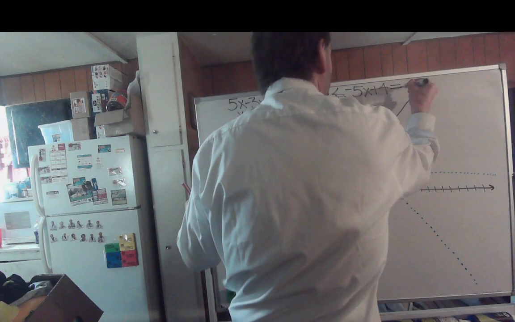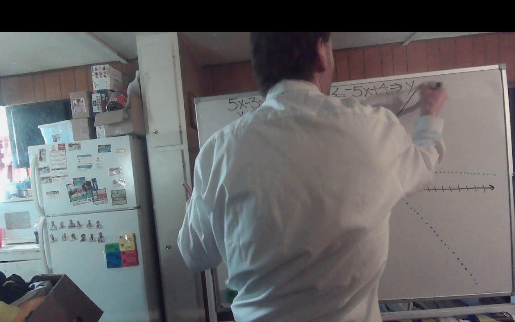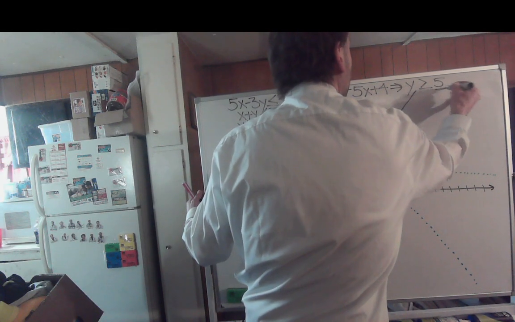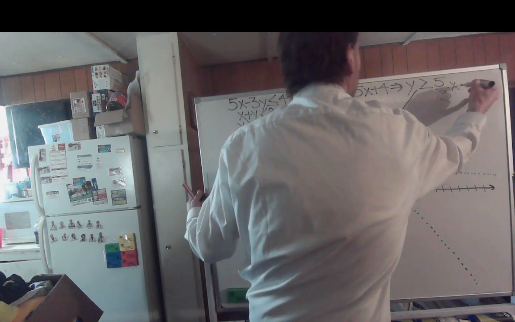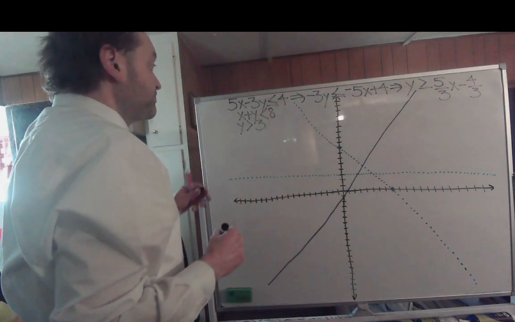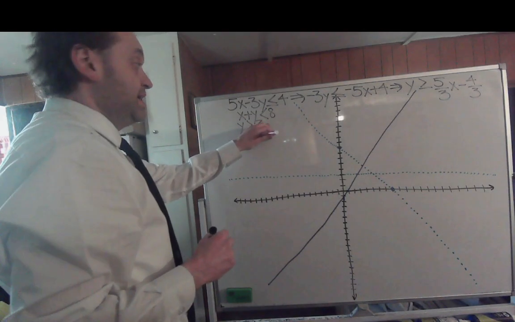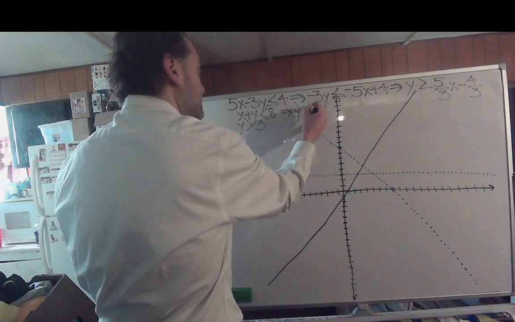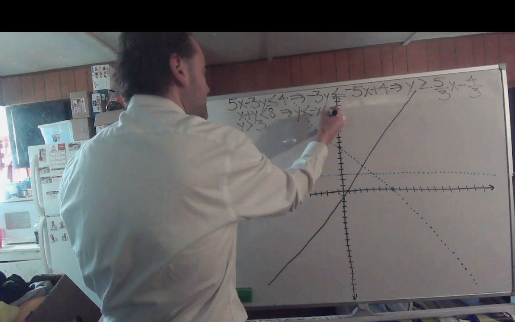That's actually going to end up flipping the sign. You'd have y is greater than or equal to 5/3 x minus 4/3. That was critical. And then x plus y is less than 8. Just solve for y. That would turn into y is less than negative x plus 8.